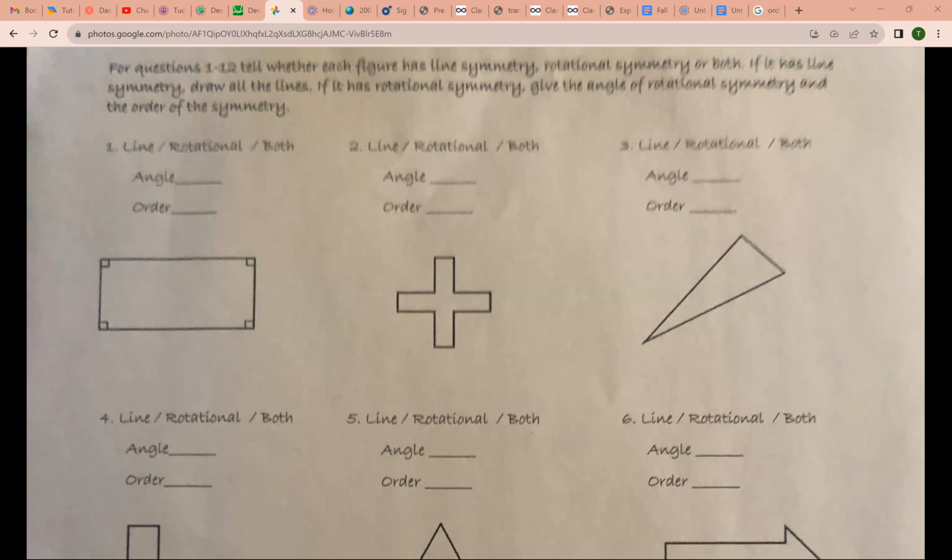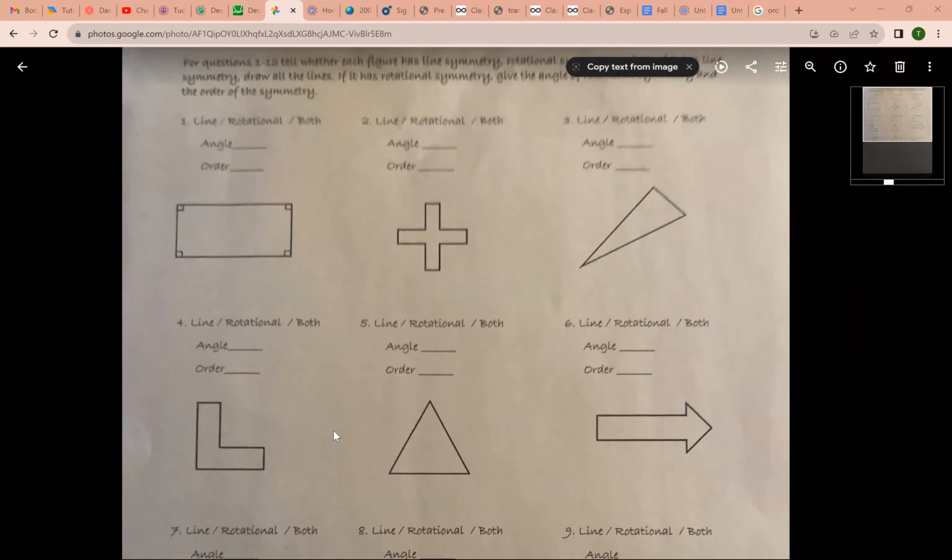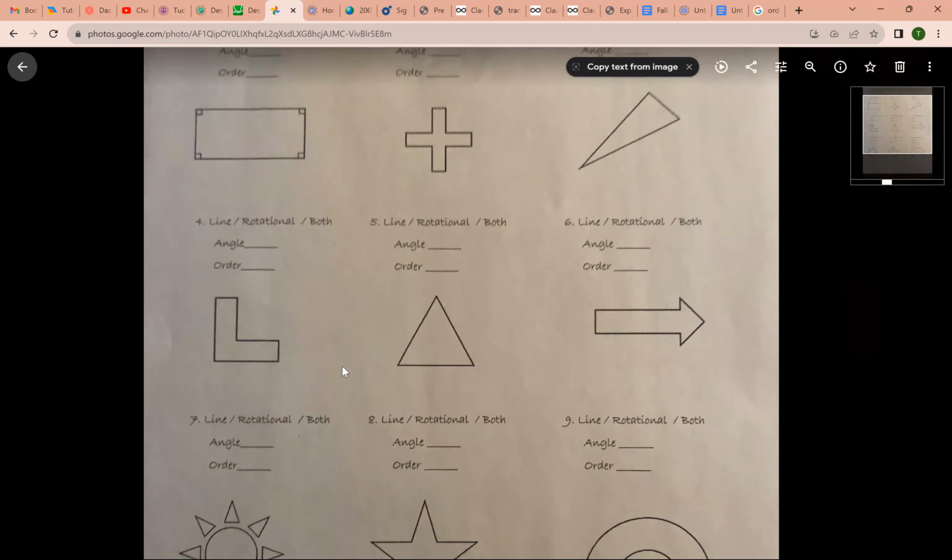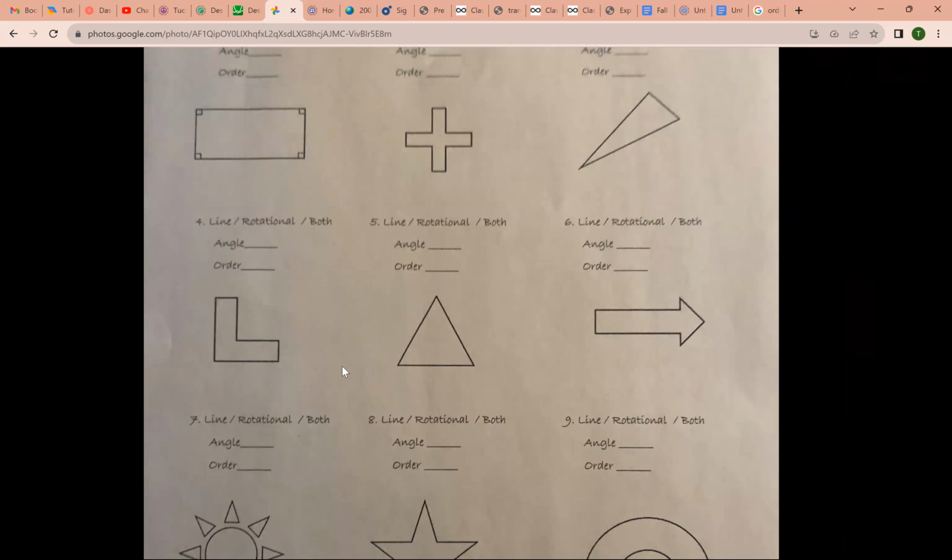So yes, it does have 360-degree rotation, but that's order one. So I don't know if that counts, I guess is the point. I'm trying to look at some other things. It depends on your class. Yeah, I think it would include 360.